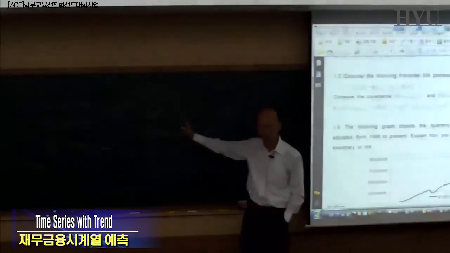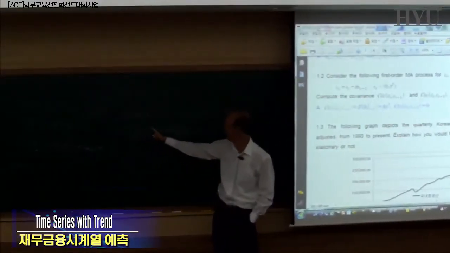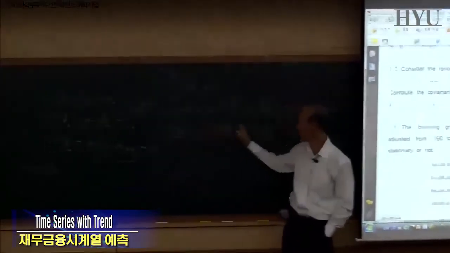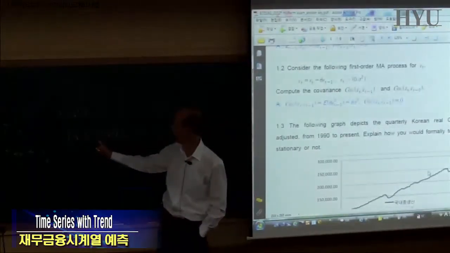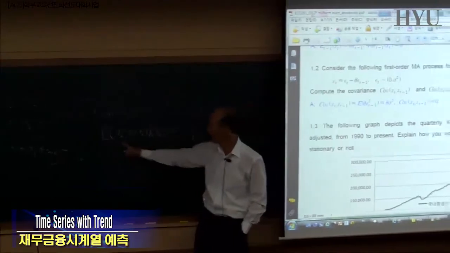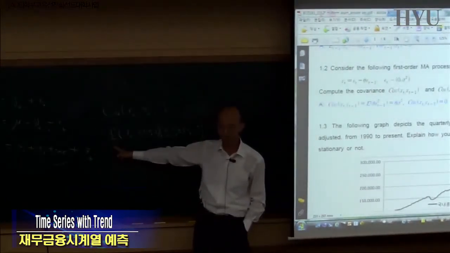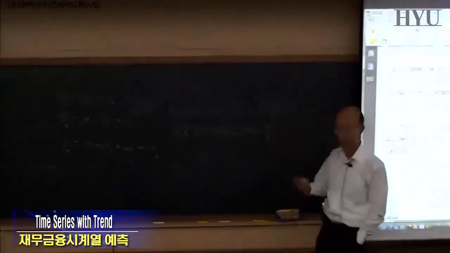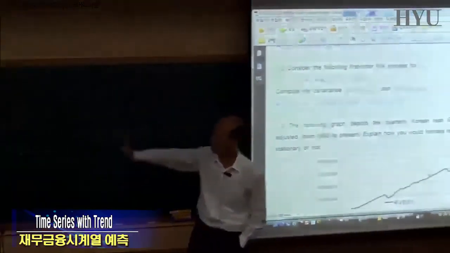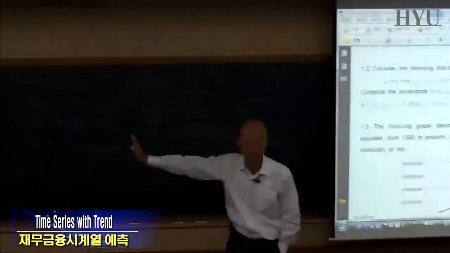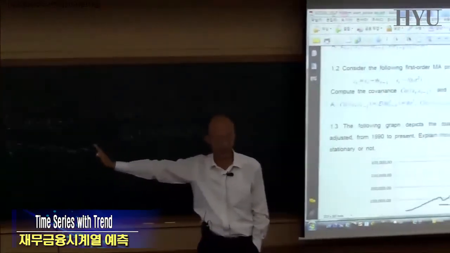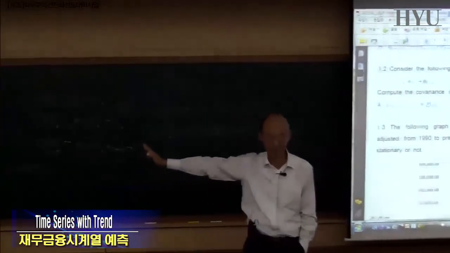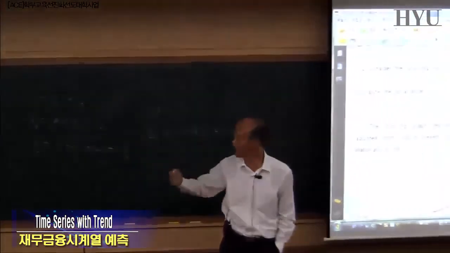Covariance is defined as deviation from their means, cross product, and taking the average. But we know by now that a moving average process, regardless of the value of theta, is stationary, right? Because memory is short, just one period.